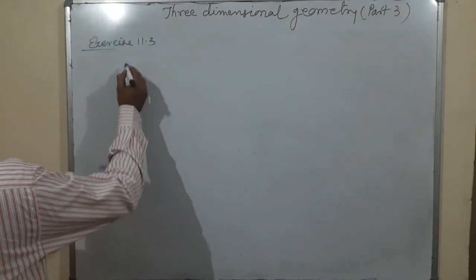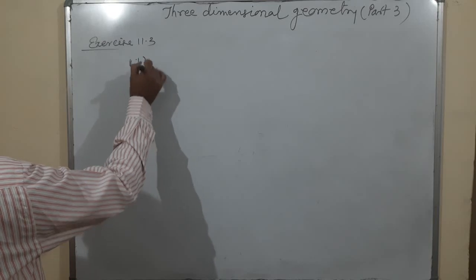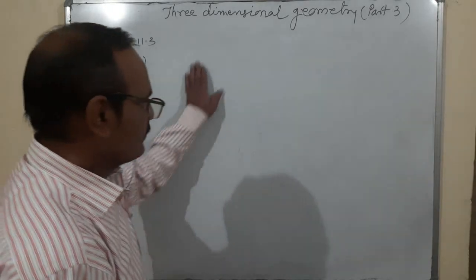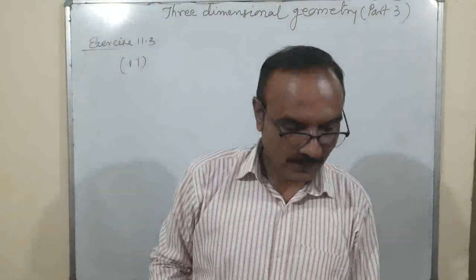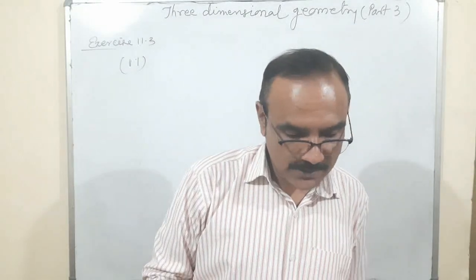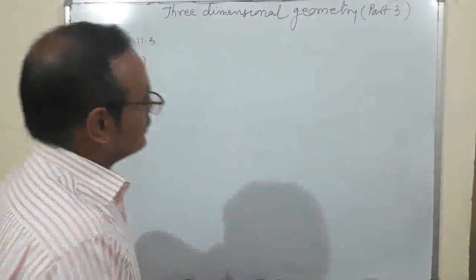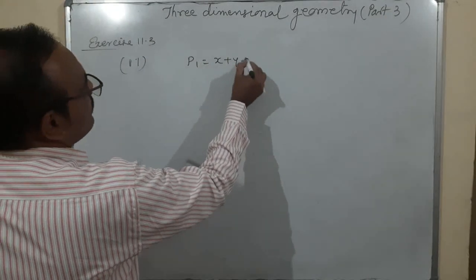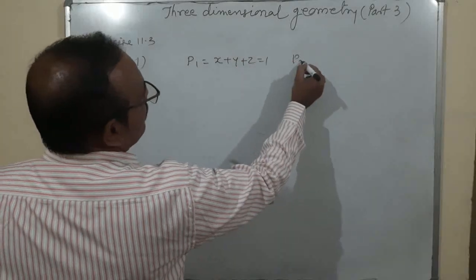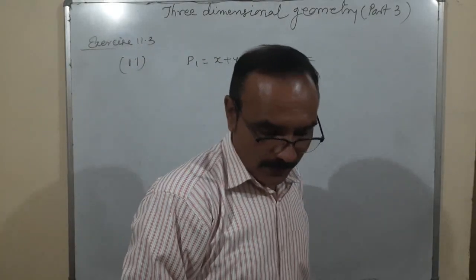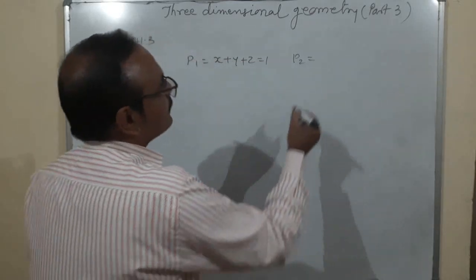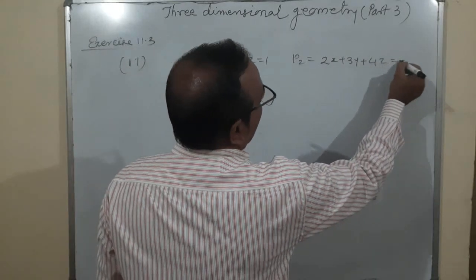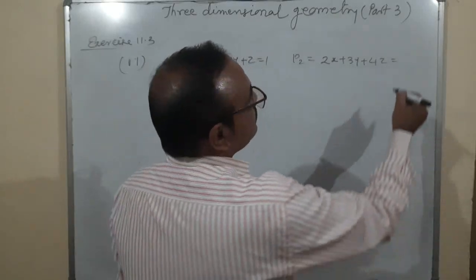Eleventh question. There are two equations. Let P1 be x plus y plus z is equal to 1, and P2 be 2x plus 3y plus 4z is equal to 5.